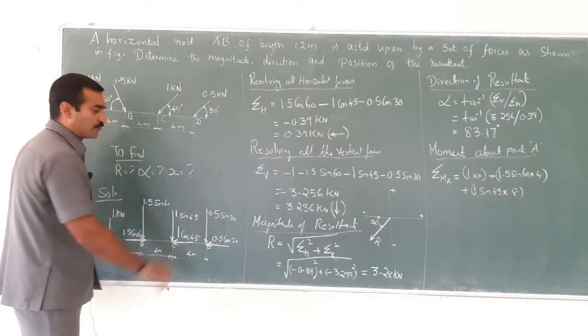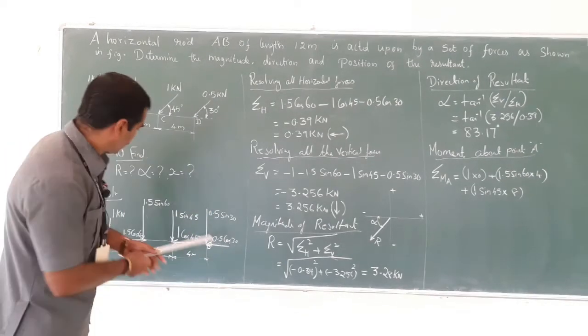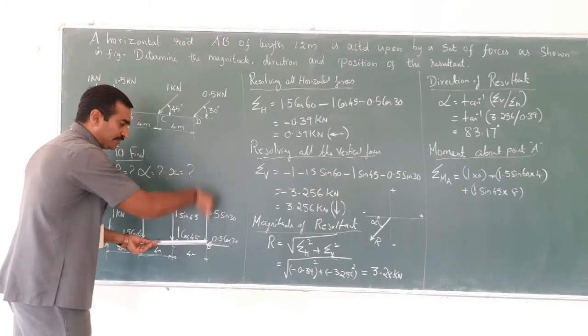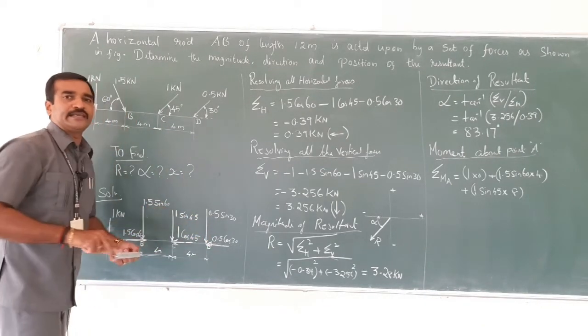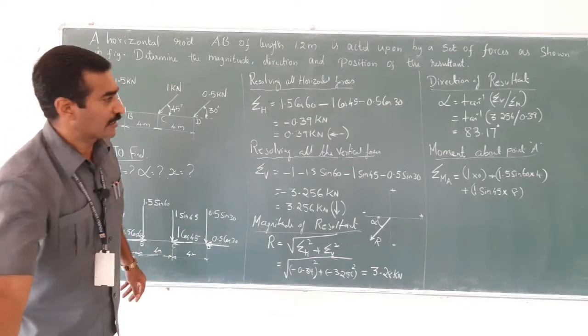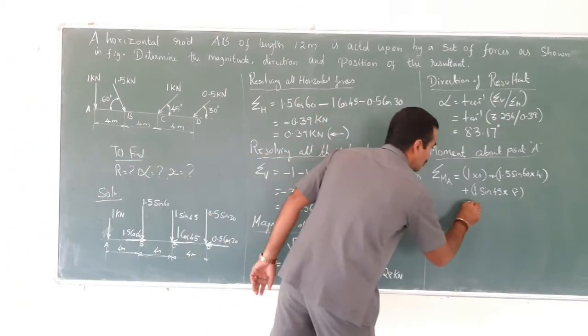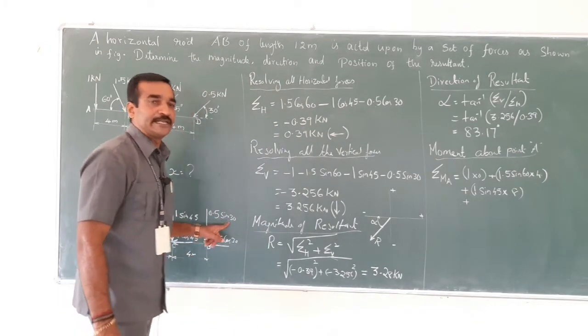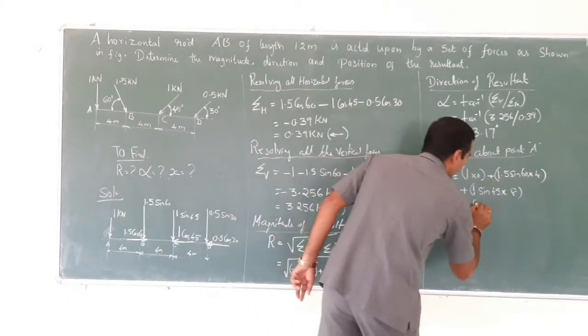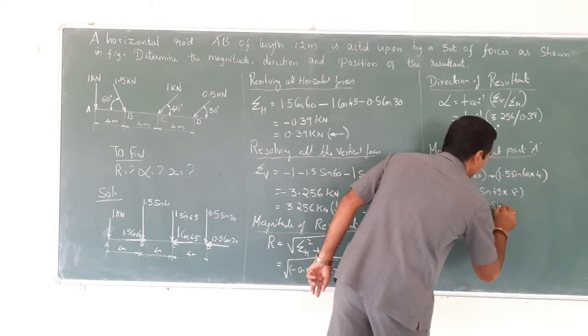When you consider this vertical force, it is acting vertically downwards, and the moment will have a tendency to rotate the rod in clockwise direction. So it will carry a positive sign, and the magnitude is 0.5 sine 30.